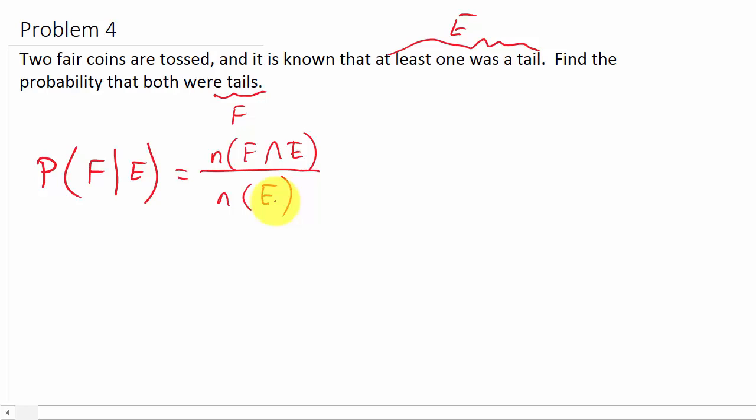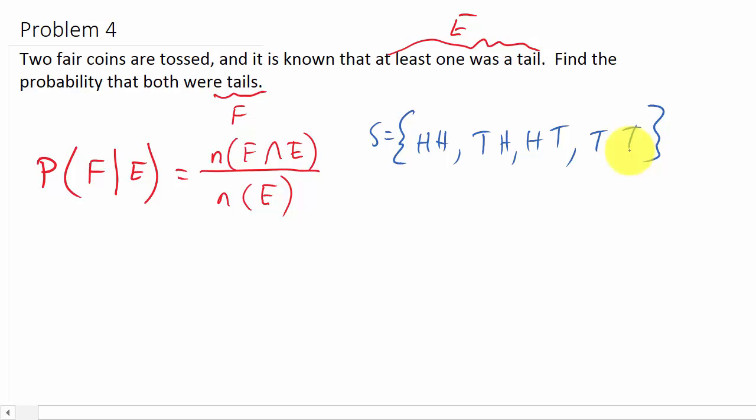Okay, well, let's write these out. When we flip two coins, the sample space for two coins is heads, heads, tails, heads, heads, tails, tails, tails.